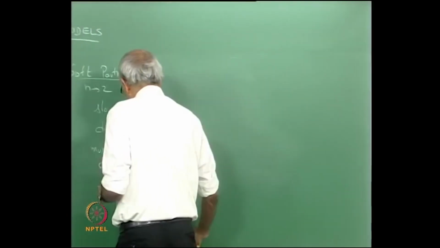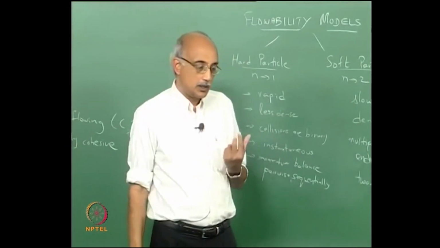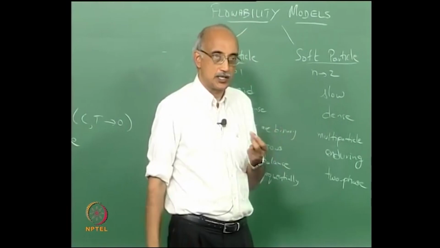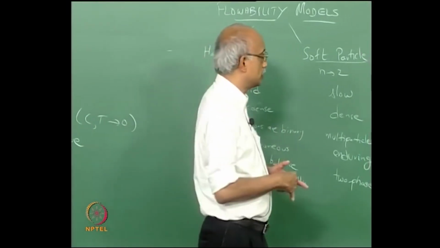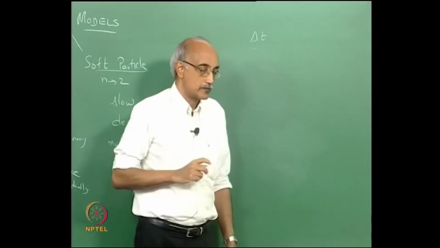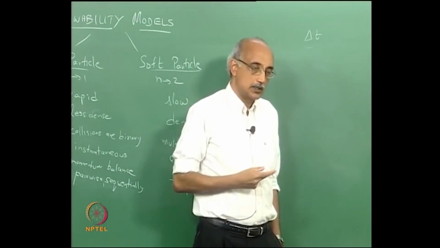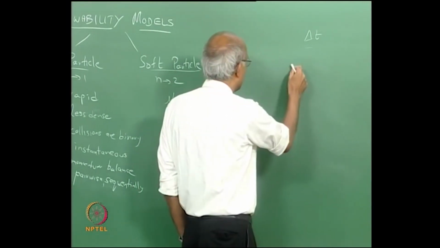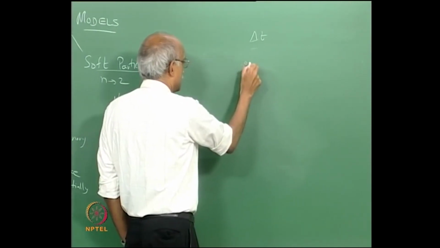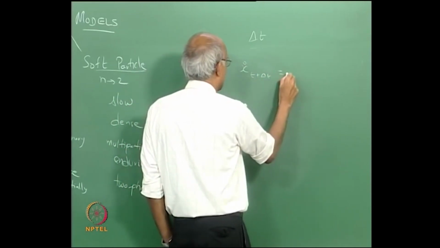One of the key parameters here in terms of modeling is the time step. When you are doing discrete element modeling or some kind of a finite difference type of approach, you have to be able to define an appropriate time step to capture the characteristics of the flow. Now, essentially the modeling will look like, let us say that you have velocity at some time t plus delta t.